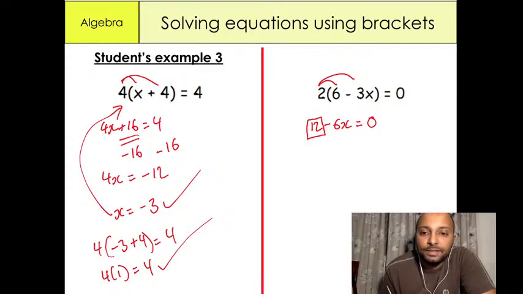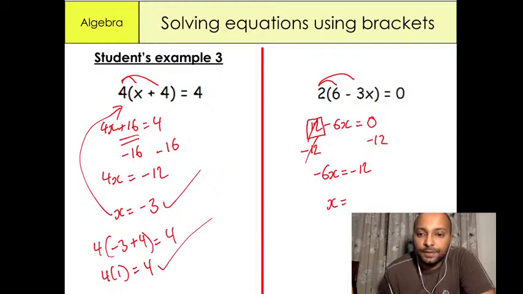So I need to minus 12 from both sides. So 12 minus 12 gives us 0, cancels out. And what we have is minus 6x equals minus 12. What would I need to multiply minus 6 by to give us minus 12? Answer is 2. So x is equal to 2.